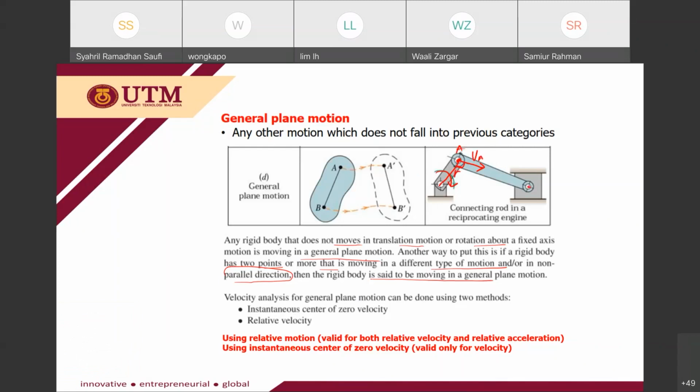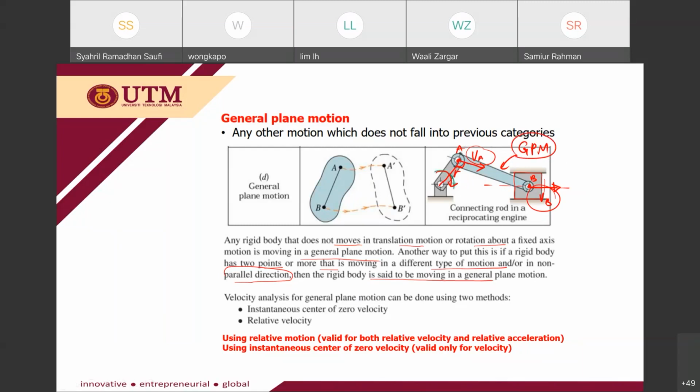And then this point here moves due to this block. This block can only move with translation, from to the right or to the left. Let's say it moves to the right. So this is point B, VB. You notice that VB and VA are not in parallel direction. So we can see that the rod AB is actually moving with general plane motion, or usually I put as GPM, general plane motion.